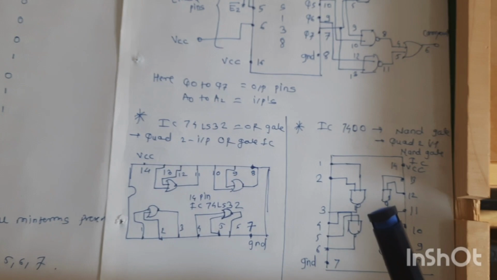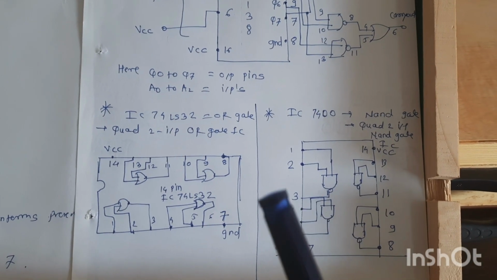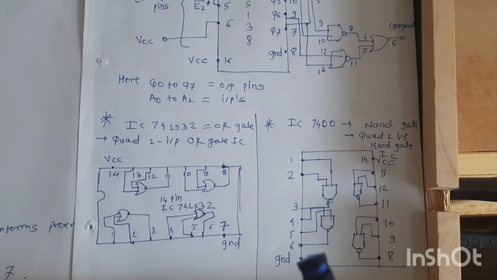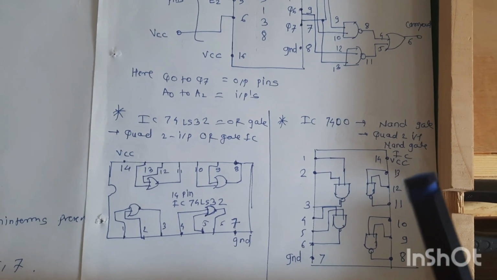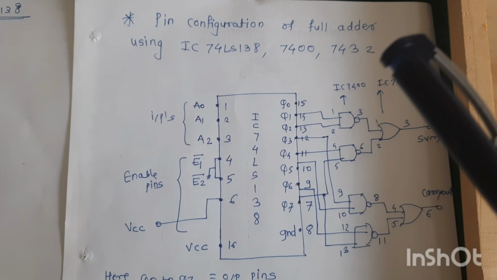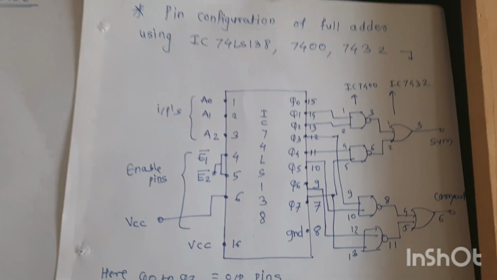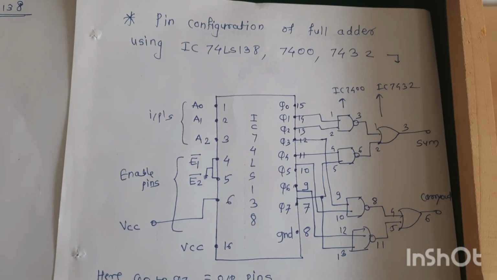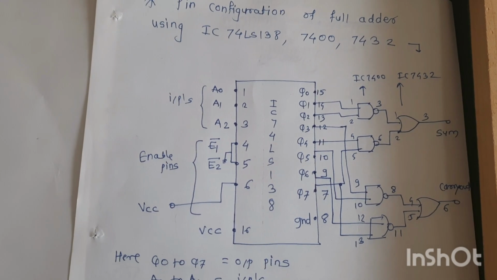And for IC7400, which is the 2-input NAND gate IC, 1 and 2 are the input, 3 is the output, again 4 and 5 are the input, 6 is the output, 12, 13 input, 11 is the output, 9, 10 is the input, 8 is the output. From this pin configuration we have taken the numbers for the NAND gate and the OR gate. So this is the final pin configuration of the full adder using IC74LS138, NAND gate and OR gate IC.